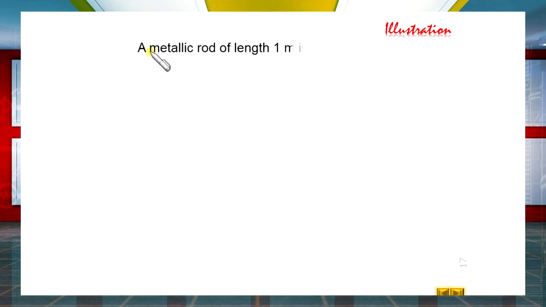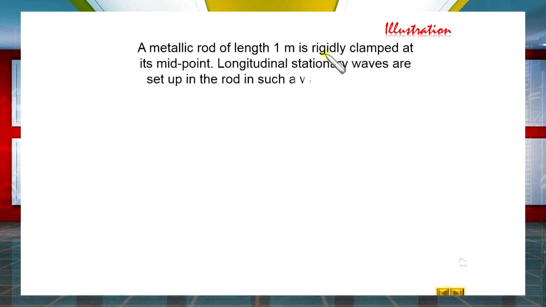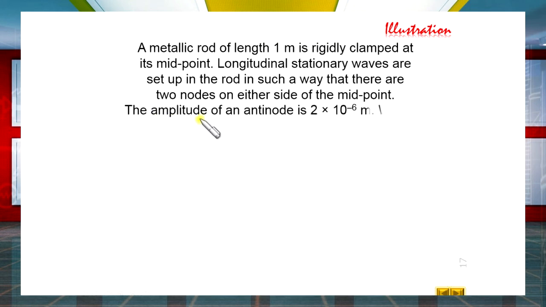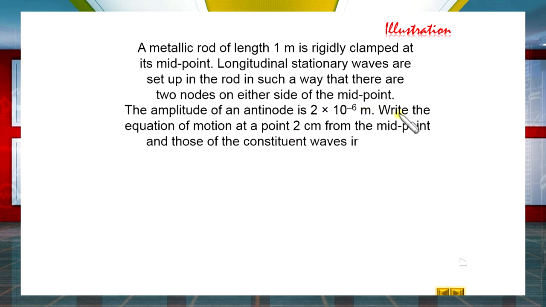So in this illustration it is given a rod of length 1 meter is rigidly clamped at the midpoint. Longitudinal stationary waves are set up in the rod in such a way that there are two nodes on either side of the midpoint. The amplitude of the antinode is 2 into 10 to the minus 6 meter.